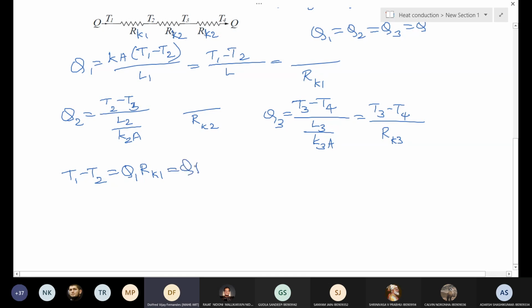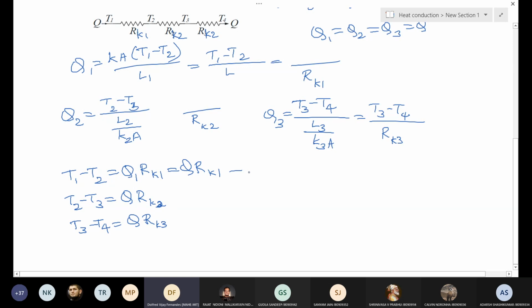Similarly, the temperature difference T2 minus T3 is nothing but Q into RK2, and T3 minus T4 equals Q into RK3.